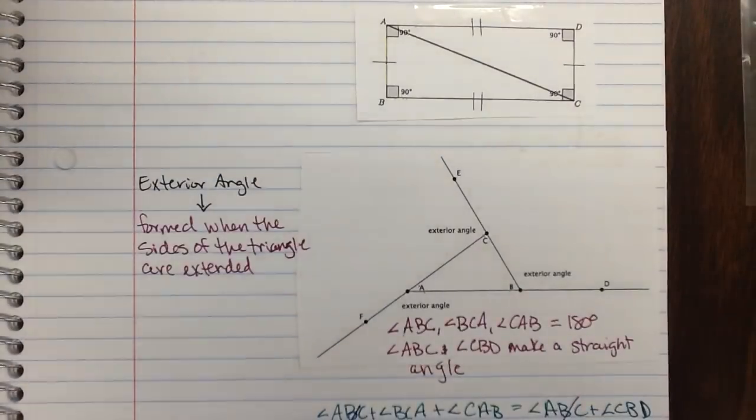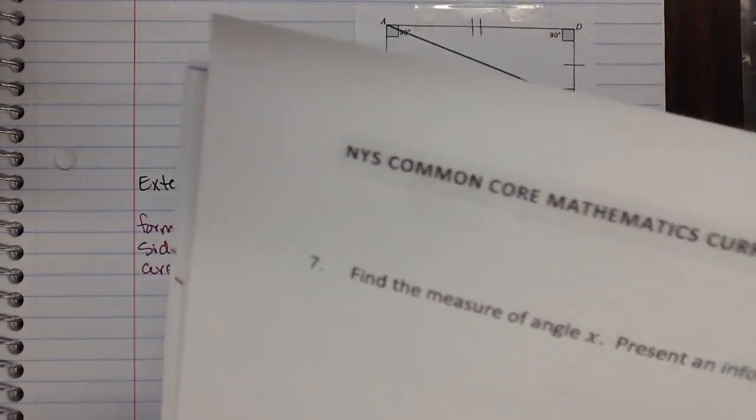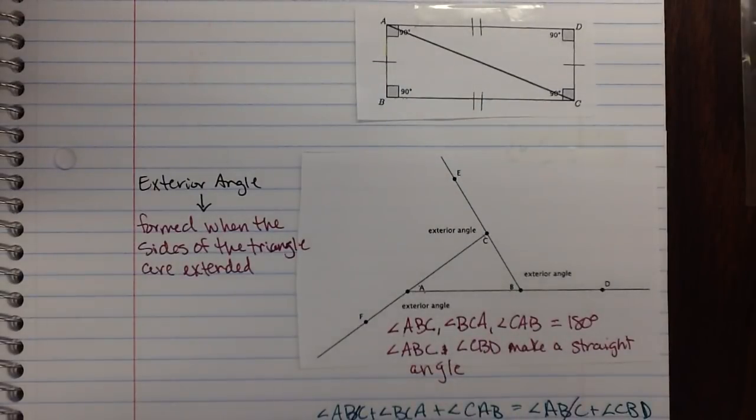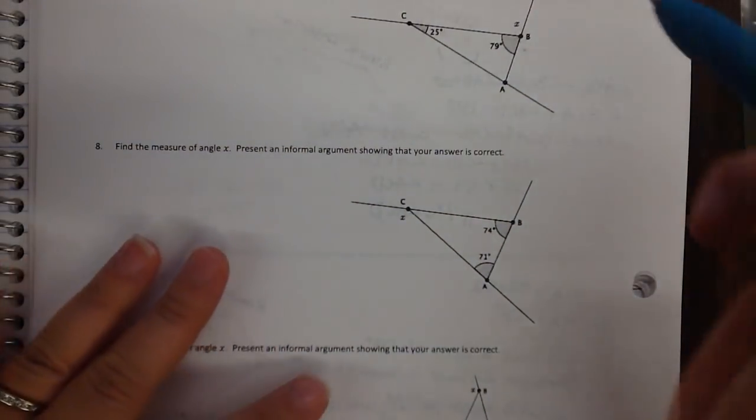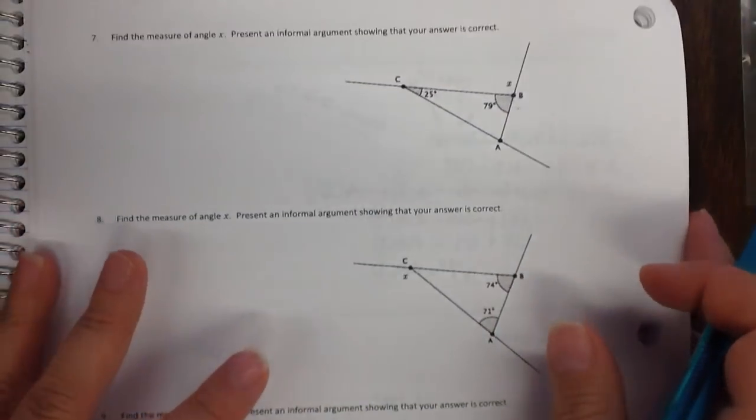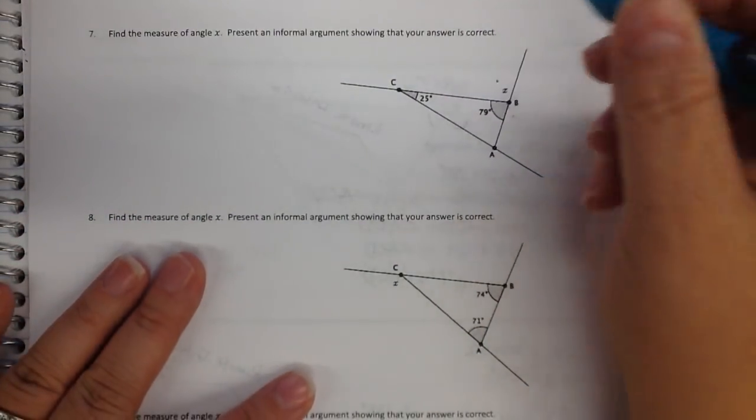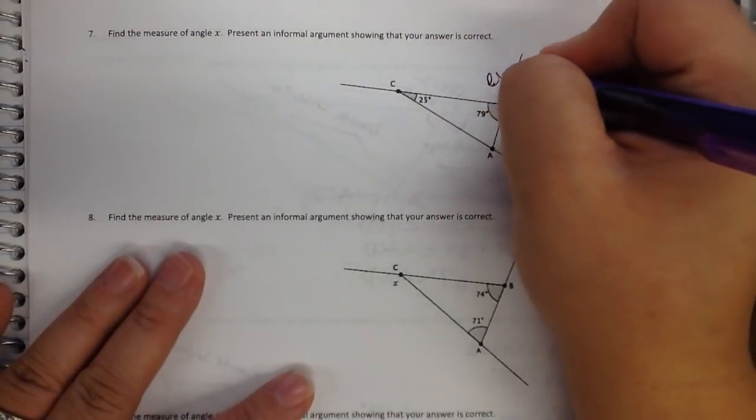Now, I am going to do 7 with you. Let's do 7. It wants to find the measure for angle X. This is exterior.